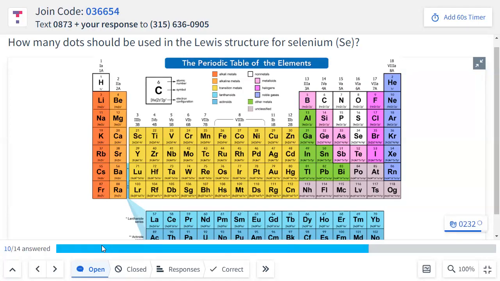All right, CT, what's the answer here? 6. Yeah, how do you know that? Yeah, so selenium is in the same group as oxygen and sulfur. This is a version of the periodic table that your textbook shows. You can see you've got both the international system, the 1 through 18 system that we use.